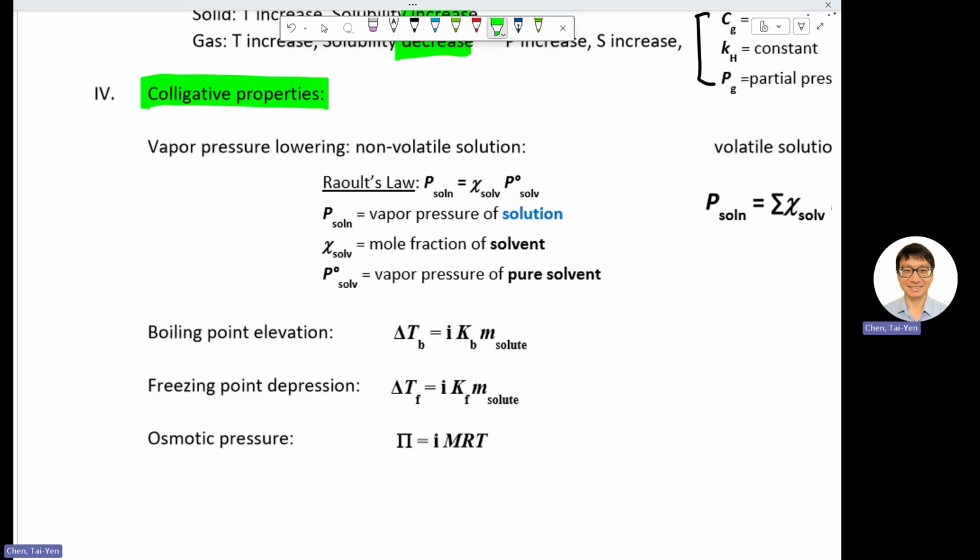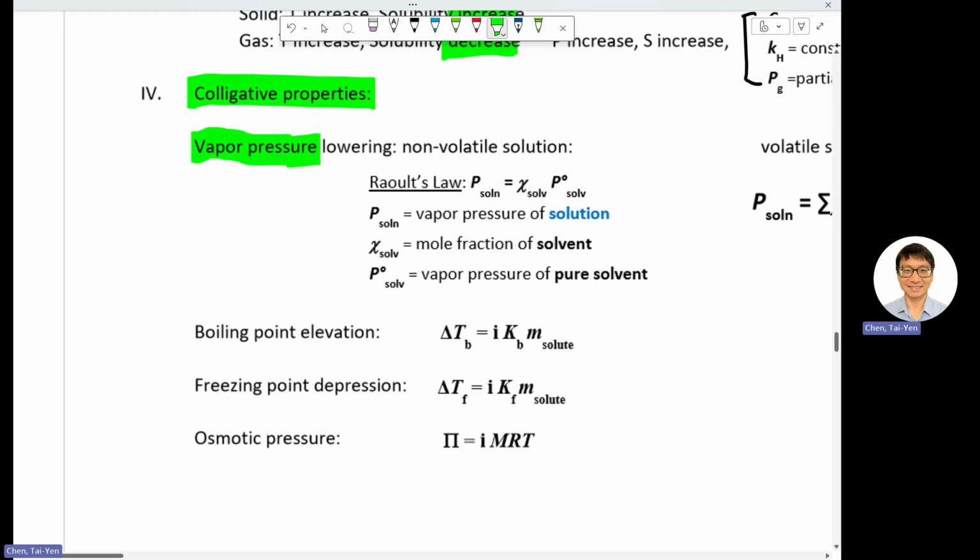Every time you see these collective properties, from the face meaning of the word, the property depends on the number of solute particles you have in your solution. It doesn't care what kind of solute you have, but the number of solute particles matters. The keywords I want you to memorize are these four.